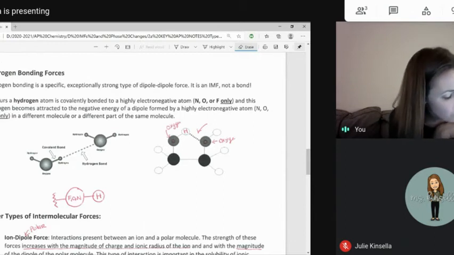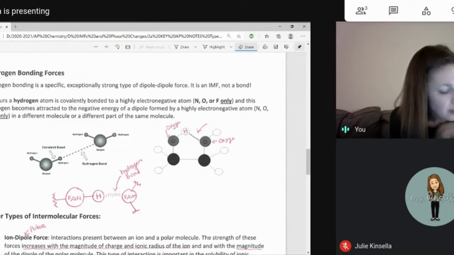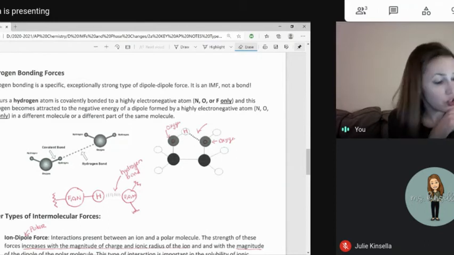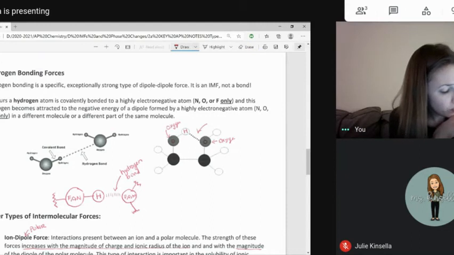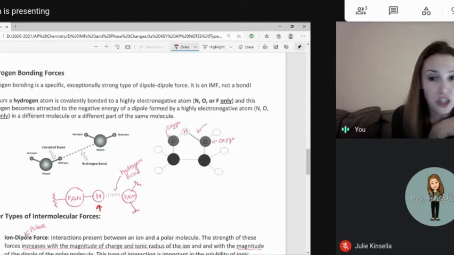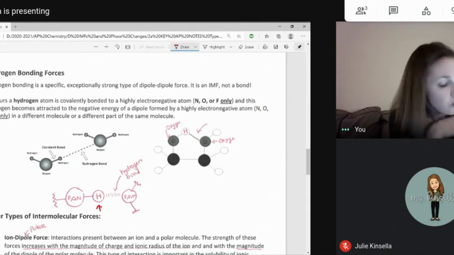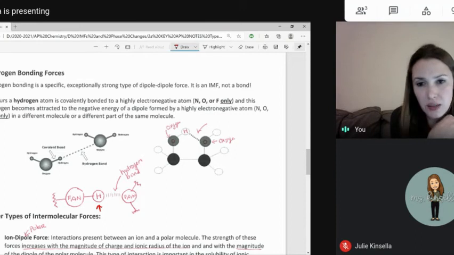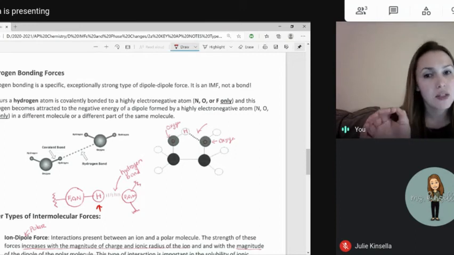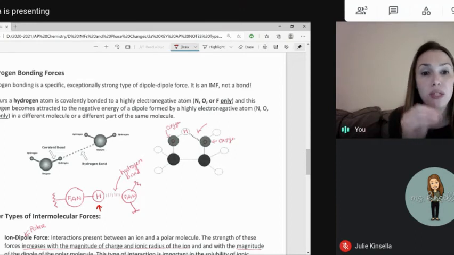If you look down here, where I have my drawing, hydrogen is covalently bonded to fluorine, oxygen, or nitrogen. I'm looking at this one right here, and it's going to have an attraction to another fluorine, oxygen, or nitrogen. That's represented by the dashed line there. So you need to be able to identify the bond versus the IMF and where those can occur.